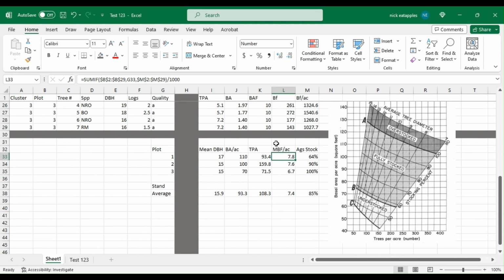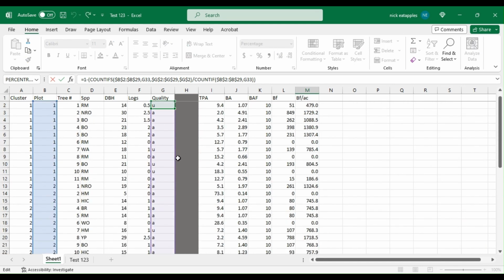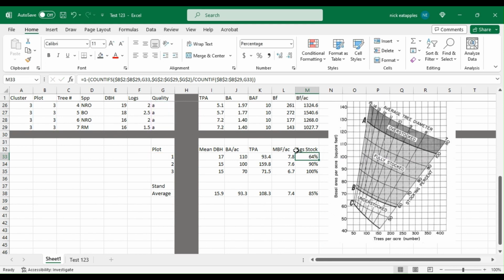And if you really wanted to get into it, you could use a stumpage report for your local area to figure out the value of the individual species, but this is just to be a bit more simple. And then quality, figuring out the percentage of AGS versus UGS. So 64% AGS, and we just do that going down the list.